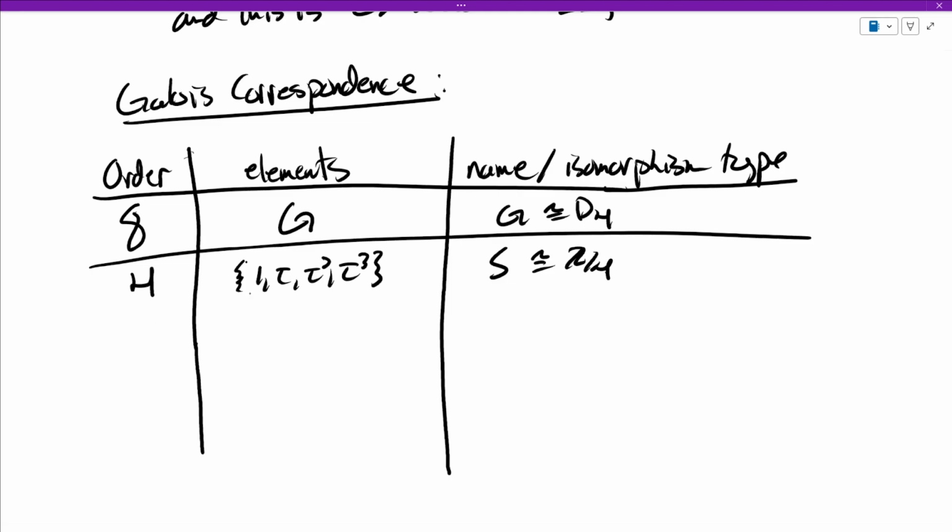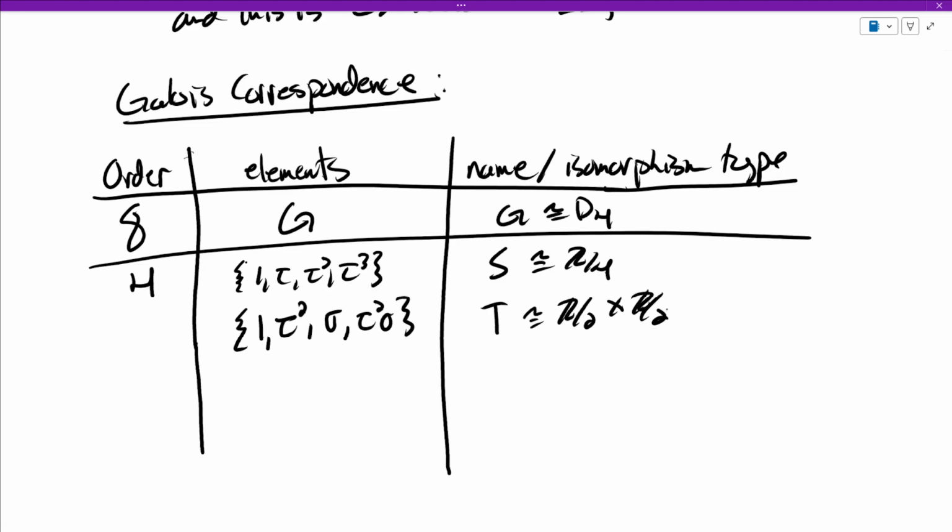There is another of order 4, which is generated by reflection and then 180 degrees rotation. Those are commuting operations, and they're both order 2, right? Tau is 90, so tau squared is 180. So tau squared generates a copy of Z2, and sigma generates a copy of Z2. We get Z2 cross Z2.